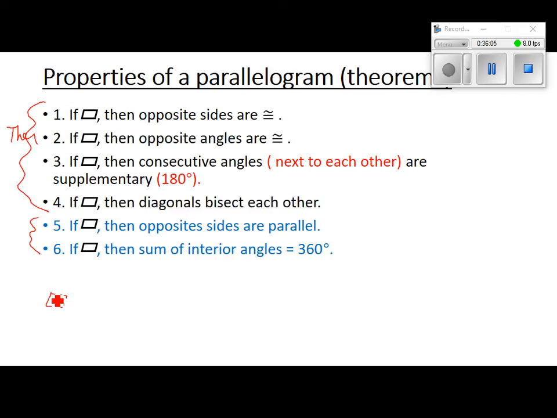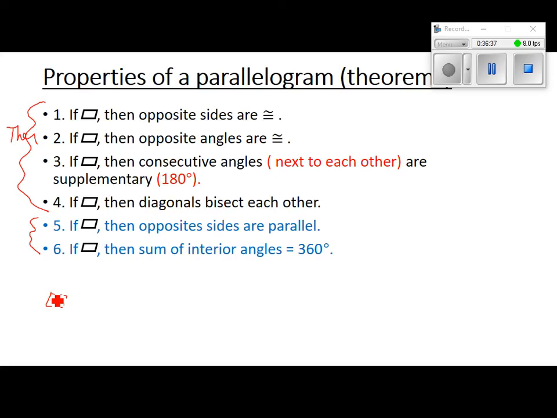The diagonals. When we draw the diagonals in here, I don't have my diagonals drawn in on this one, but the diagonals bisect each other. Now, does that mean the diagonals are the same? No. The distance from here to here is not the same as the distance from here to there. But the distance from here to the point where they meet in the middle, and then down to this corner, has to be the same.